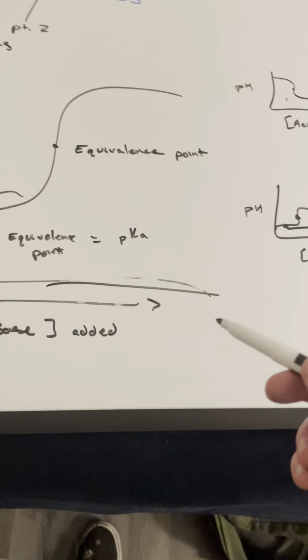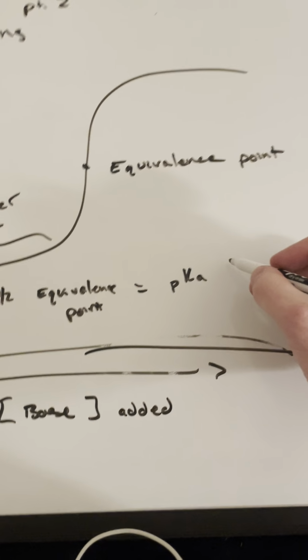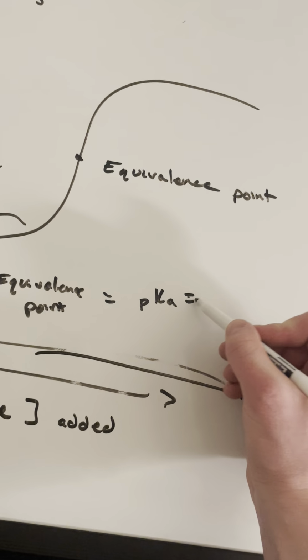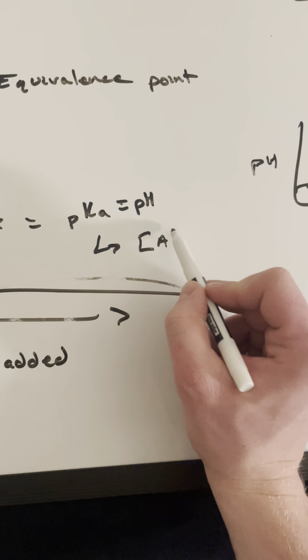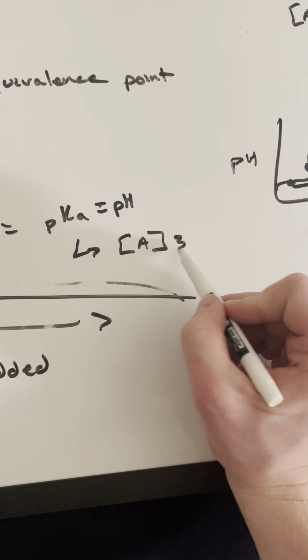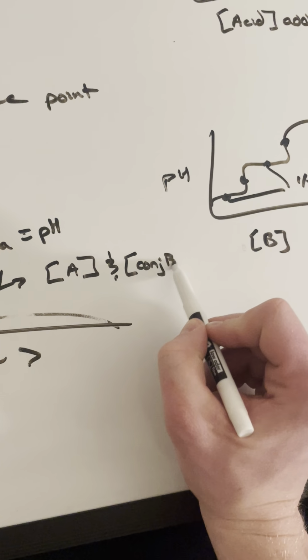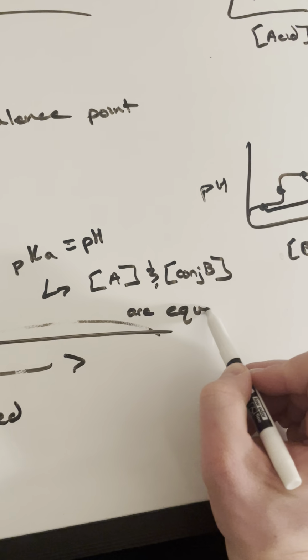And then just a quick reminder, pKa is going to be the concentration, right? pKa is going to, at this point, be equal to the pH, right? So whatever it is, it's going to be like right there. But it's also where the concentration of acid and the concentration of the conjugate base are equal, right?